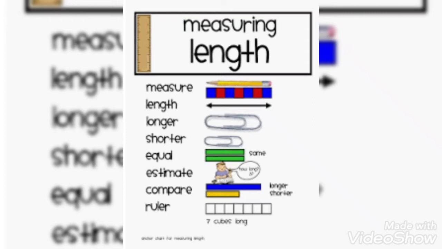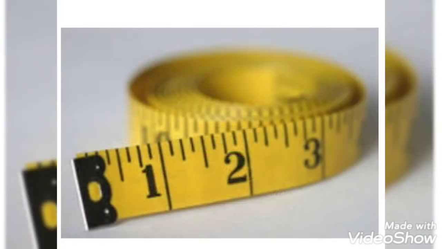Measuring length. We can measure the length of a thing using our body parts. Cubit. The distance from the elbow to the tip of the middle finger is known as cubit.